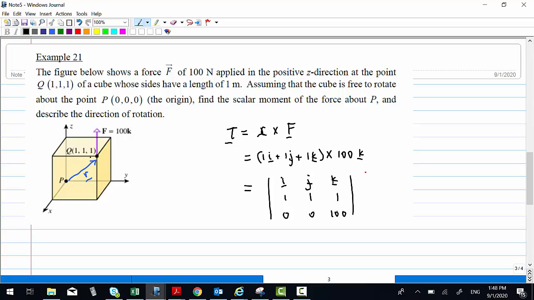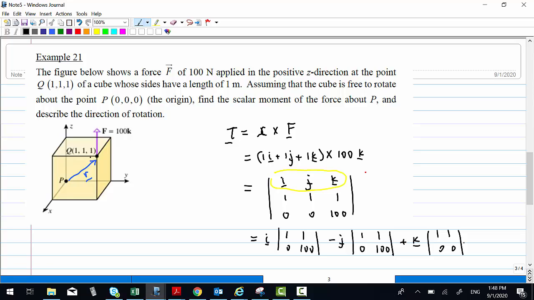So we expand along the first row, then you get i times the determinant of [1, 1; 0, 100], minus j times the determinant of [1, 1; 0, 100], and k times the determinant of [1, 1; 0, 0].